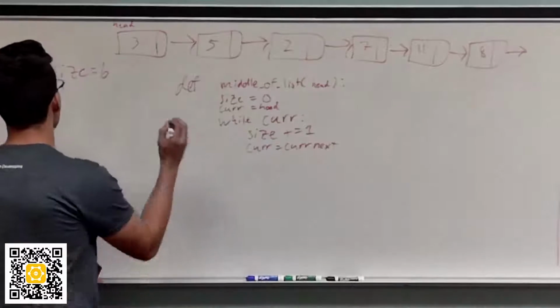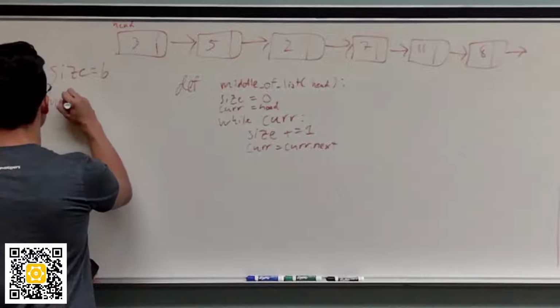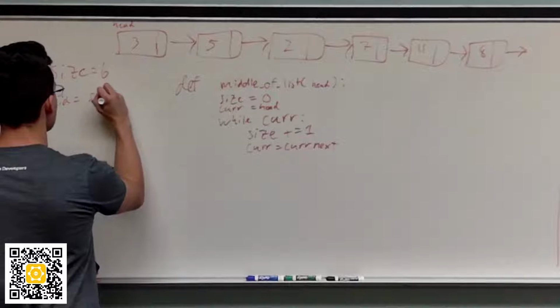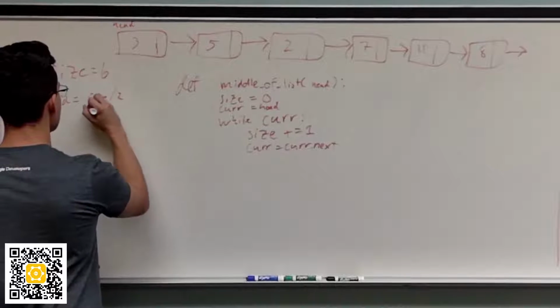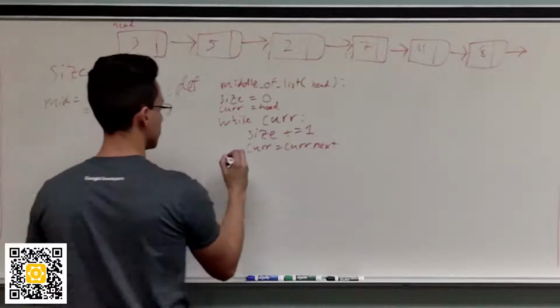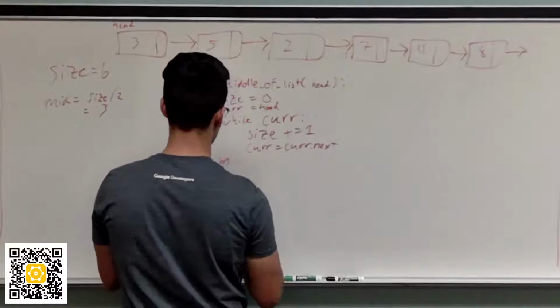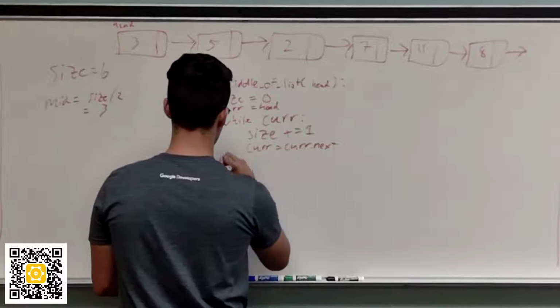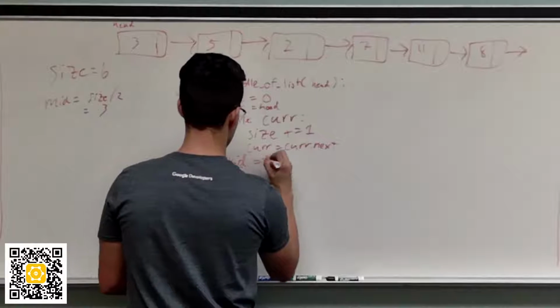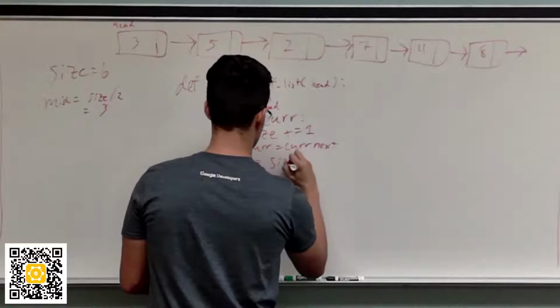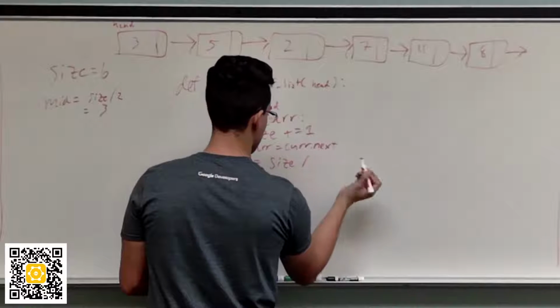So mid equals size over 2, which in this case is 3. So we get mid equals size divided by 2.